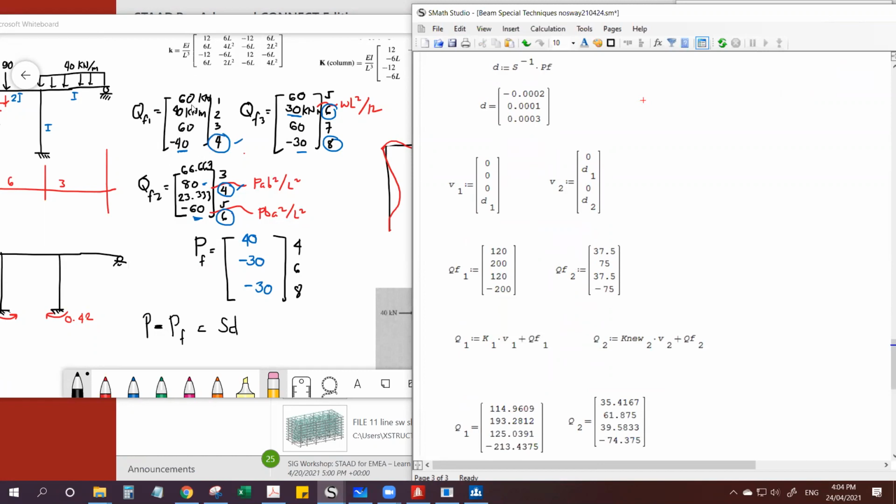QF1, so I'm going to, this is 60, this is 40, 60, negative 40, negative 40. QF2, 60, 30, 60, negative 30.